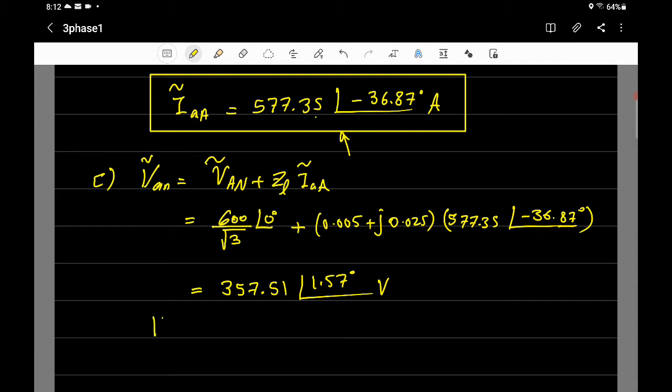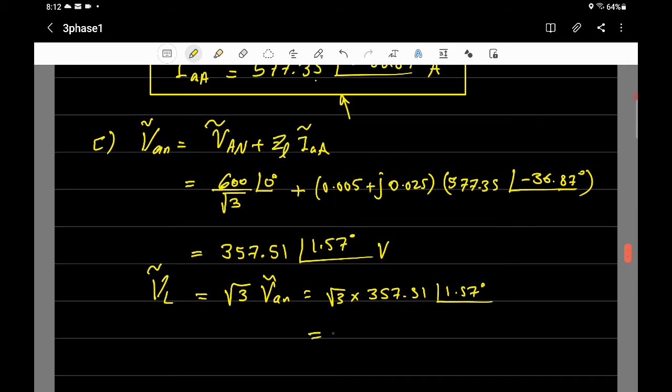That's okay. The line voltage will be equal to the phase voltage times square root of 3. So square root of 3 times the value that we got, 357.51 angle 1.57 degree.